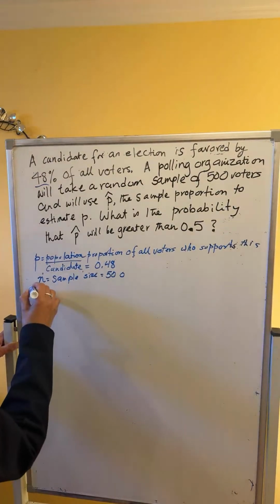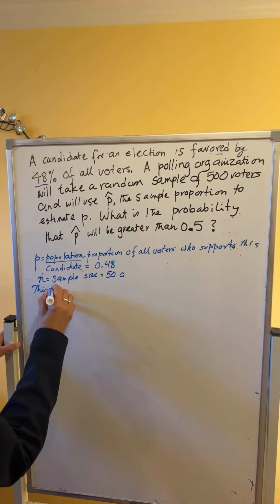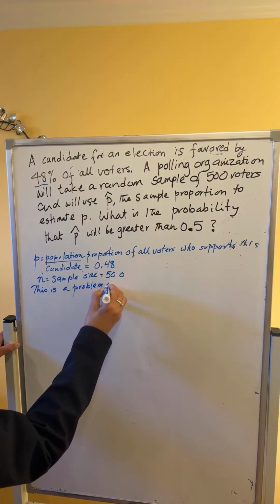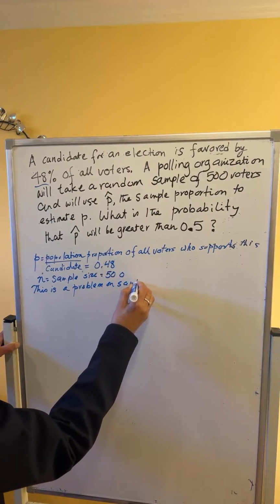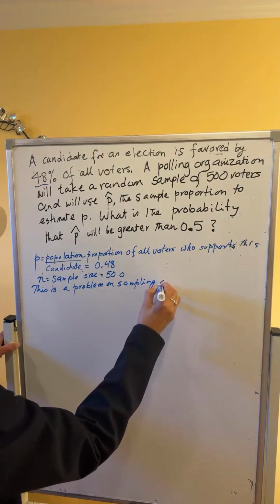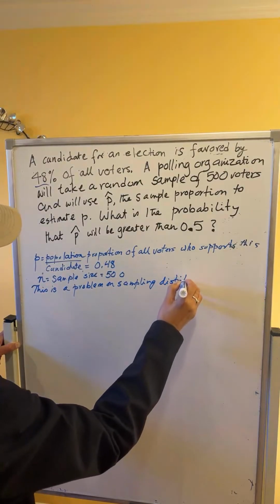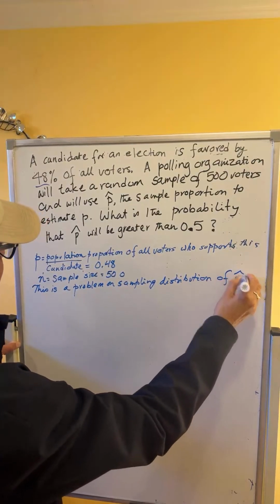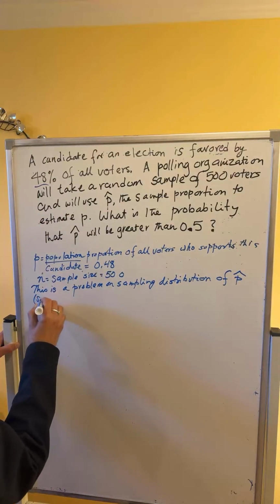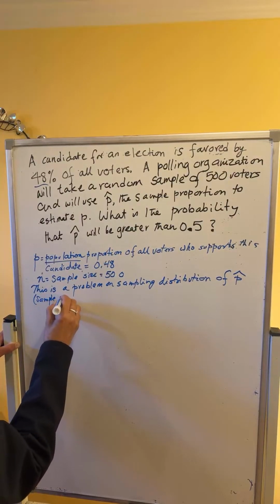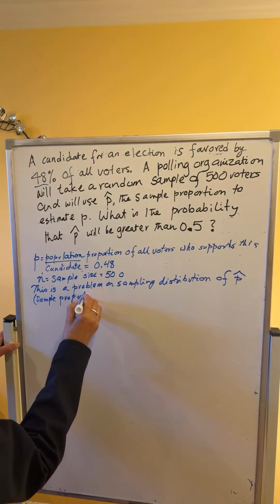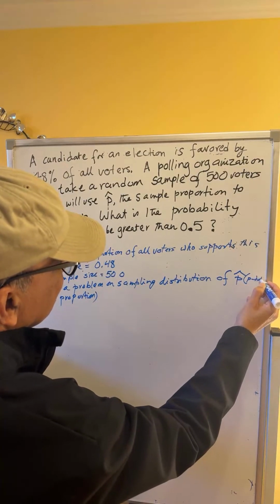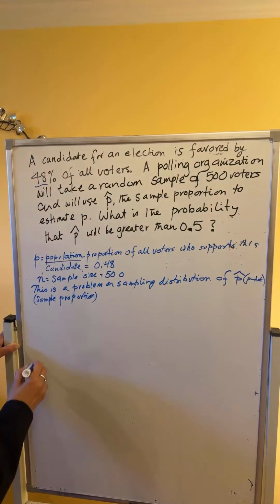Okay, this is a problem on sampling distribution of sample proportion, of P hat, which is the sample proportion. So what is the sampling distribution?